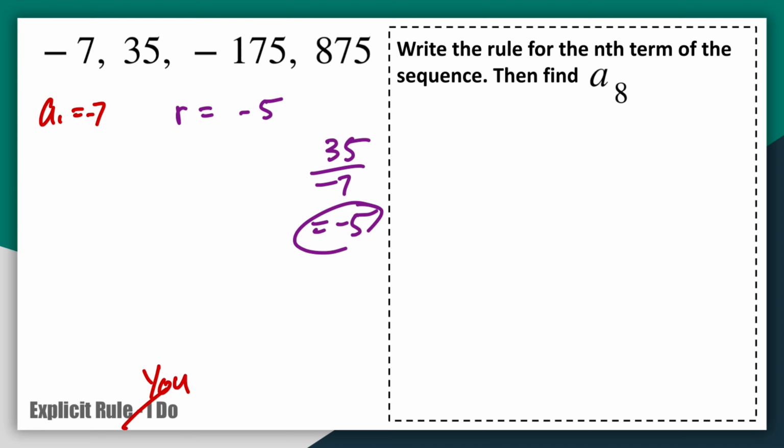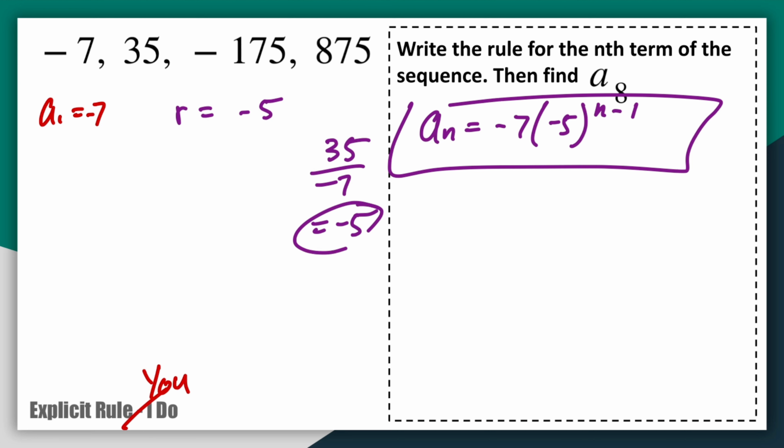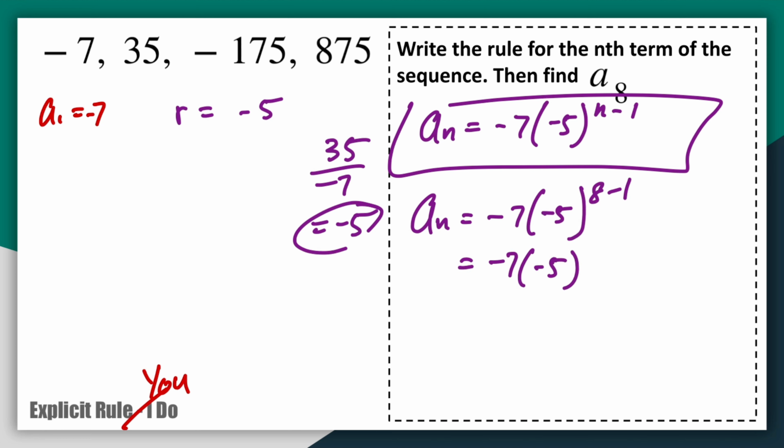All right, so let's build our rule. We have a of n is equal to the first term times the common ratio to the power of n minus 1. Boom, done. And then we plug in the 8. A of 8 is equal to -7 times -5 to the power of 8 minus 1. Right, so -7 times -5 to the power of 7.